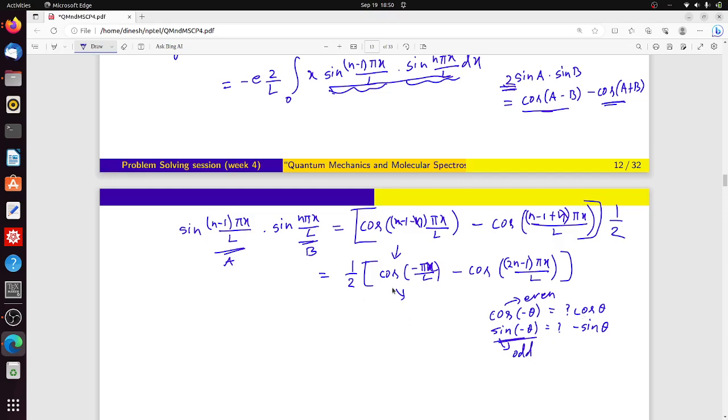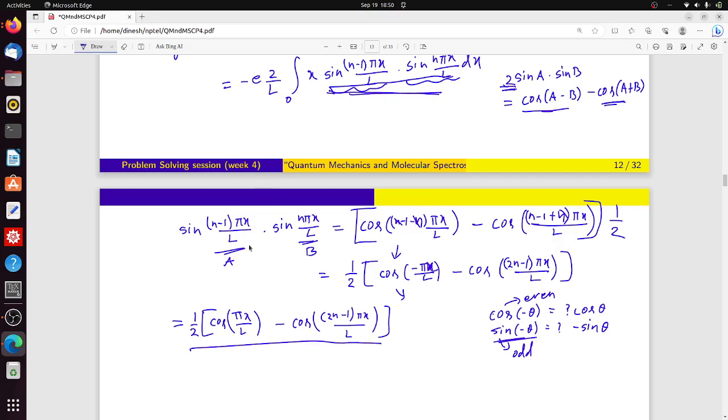So this I can write as half of cos pi x over L, then minus cos (2n minus 1) pi x over L. Okay, so I wrote this term as this. Now apply this term in the integral.